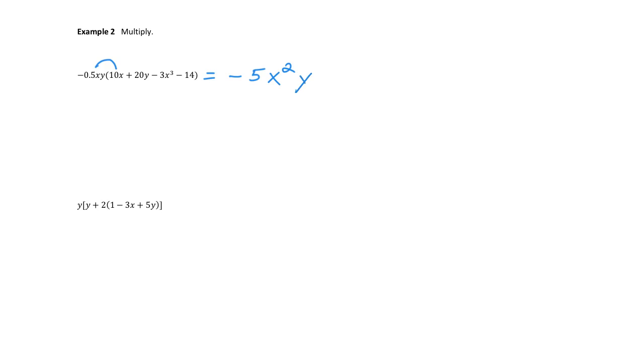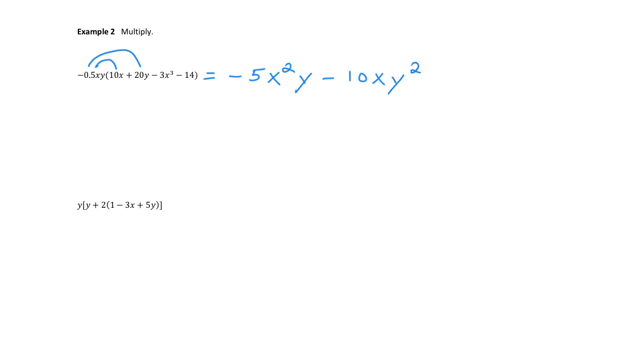I now distribute this negative 0.5xy to 20y. Okay, again, the sign changes, so it's going to be negative. 0.5 times 20 is going to be 10. I have x, but there are no x's here, so I'm just going to copy down that x. And this time, I have y times y, which is y squared.